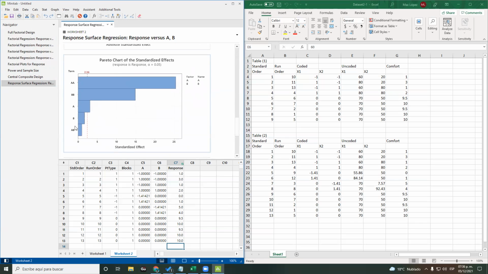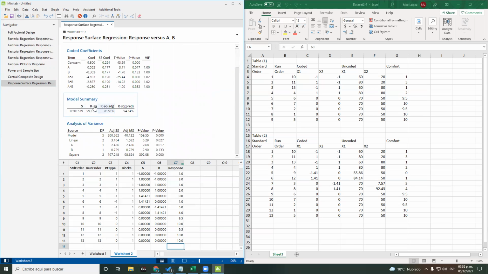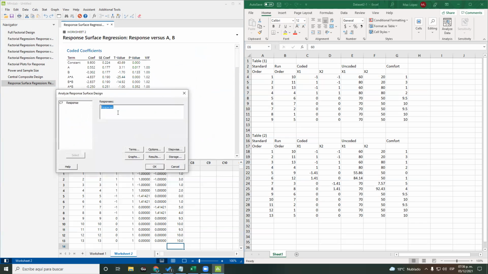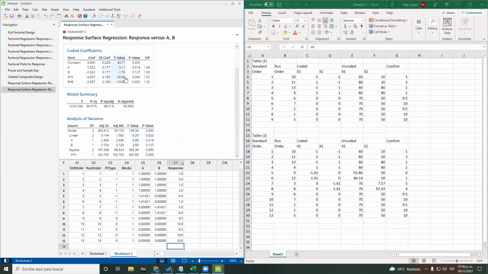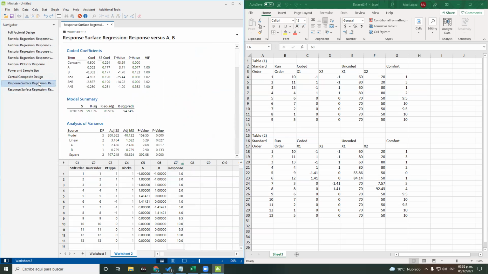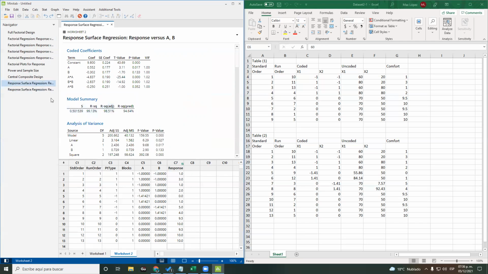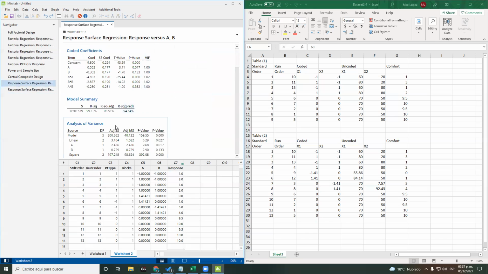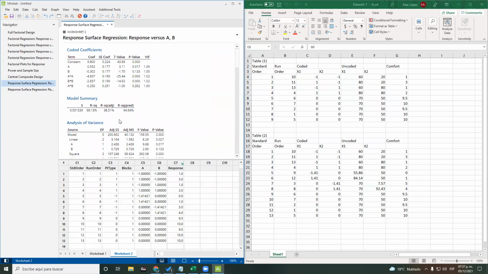So I will now just remove the interaction between AB to see if our R squared increases a little. Okay, so the R squared adjusted remained practically the same, so I think either result is a good result in order to proceed with the analysis.